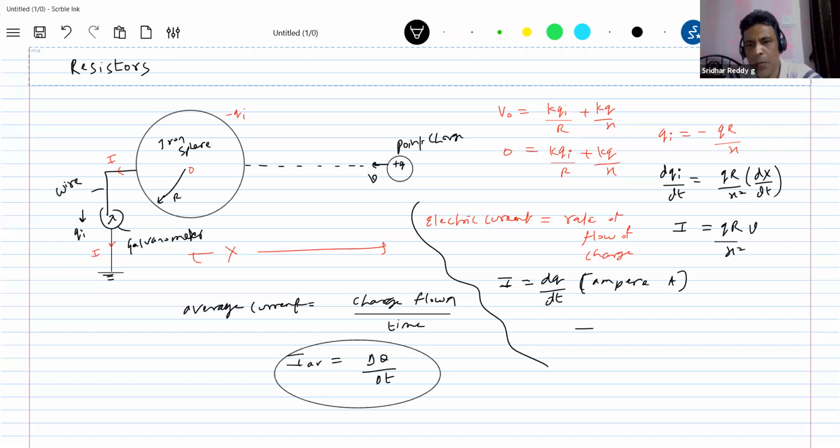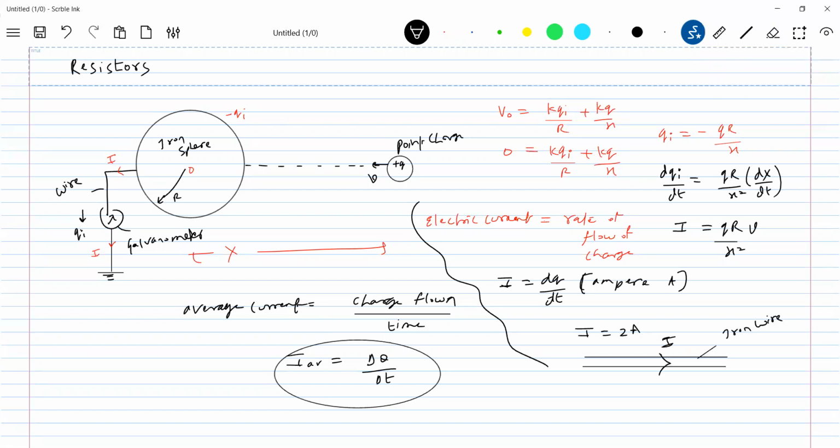What do you mean by that? If a current of 2 ampere flows in a wire, and it's a scalar quantity, what does it mean? Take an iron wire with 2 ampere current flowing.